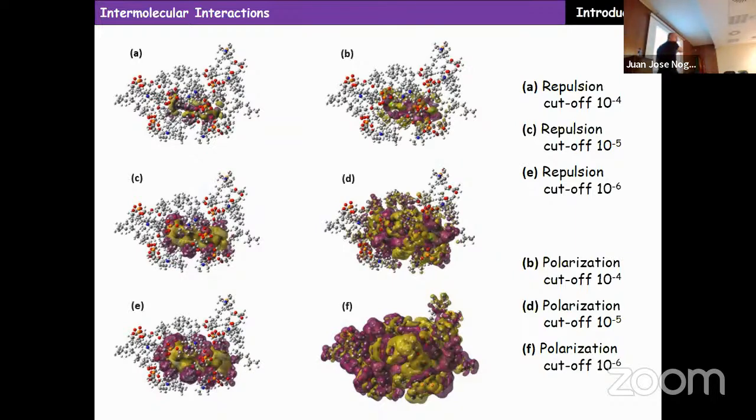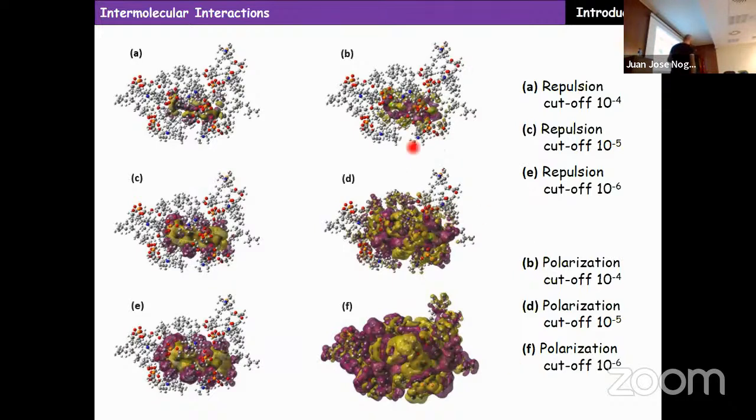You will do some kind of plots, of course with a much smaller system, in the practical exercise in the afternoon. Here I change the cutoff for the representation of the density, from 10 to the -4, to 10 to the -5, and then 10 to the -6. Of course, the density, as you can see, is larger and larger if I reduce the cutoff.